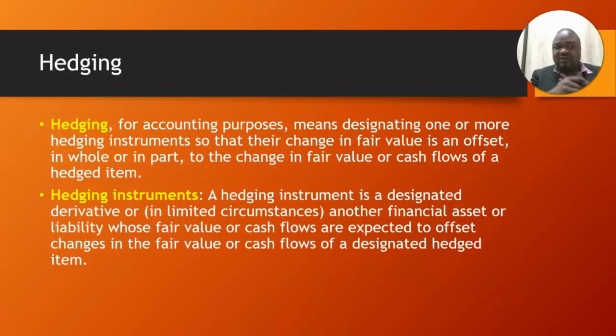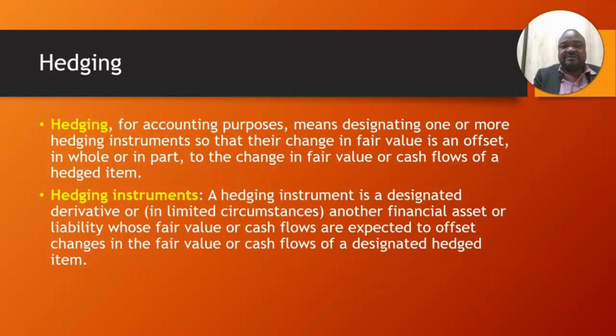So hedging for accounting purposes means designating one or more hedging instruments so that their change in fair value is an offset in whole or in part to the change in fair value or cash flows of a hedged item.